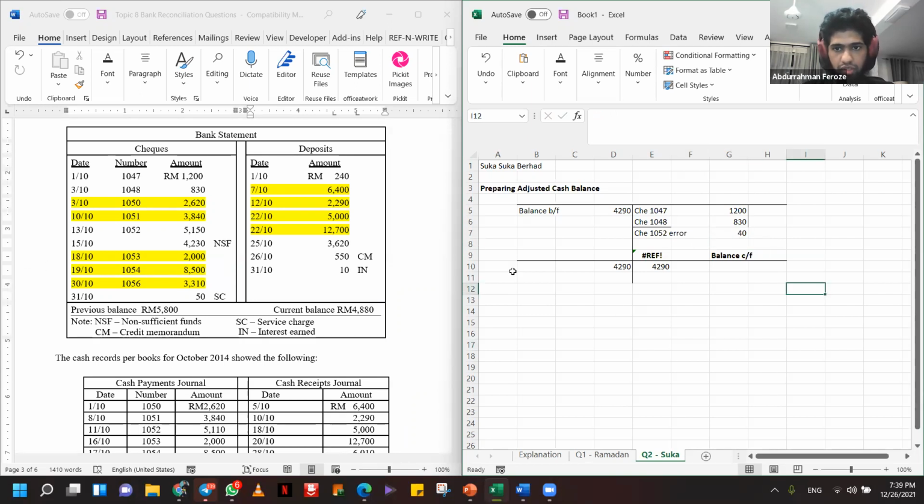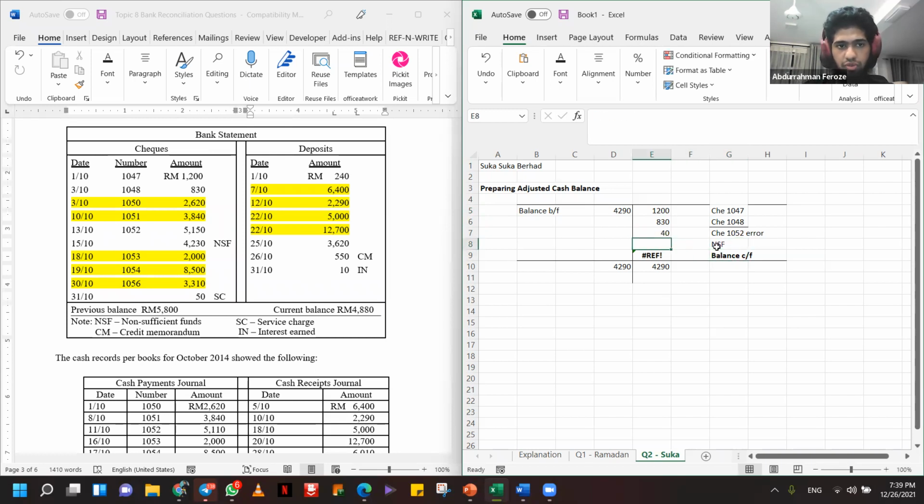Okay. So then we have that, and then over here we have the non-sufficient fund (NSF). Then we have the NSF, NSF, NSF.